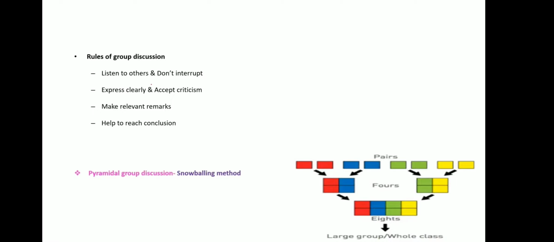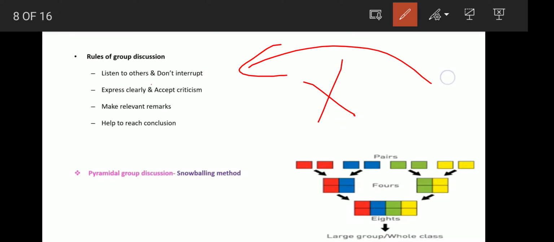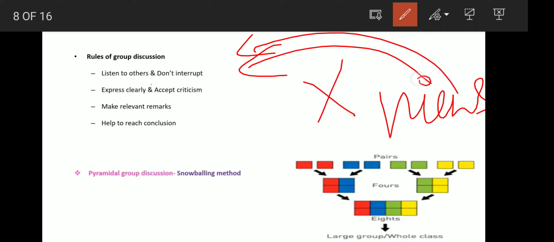Also, the one who is expressing should express very clearly, and should have the capacity to accept criticism. If people disagree with his point, he has to consider the views given by others on his opinion, and be able to accept the contradictory things told against his topic.